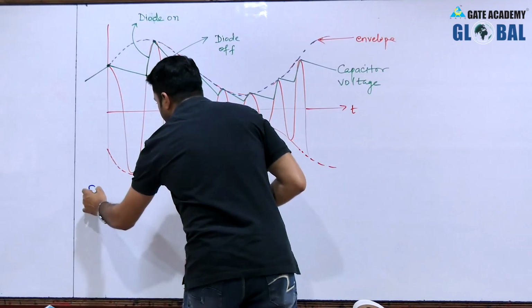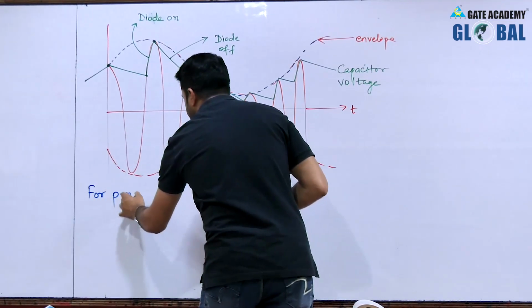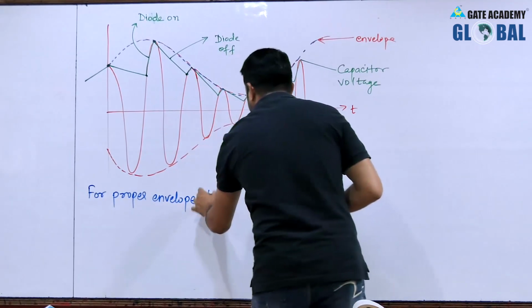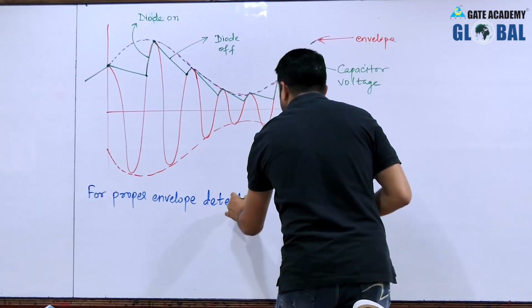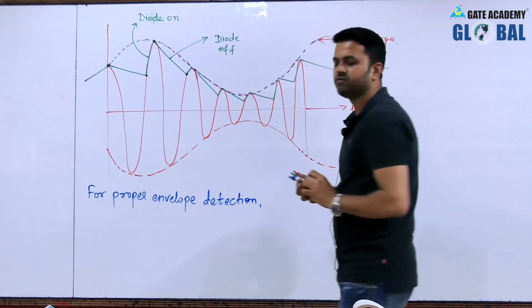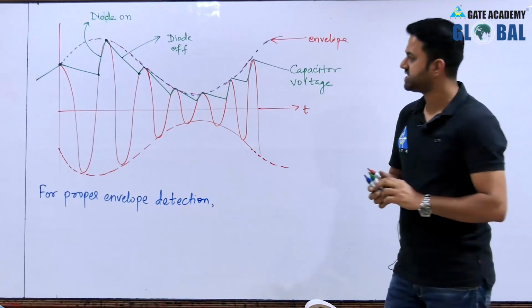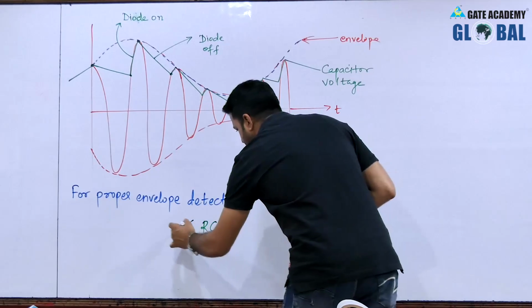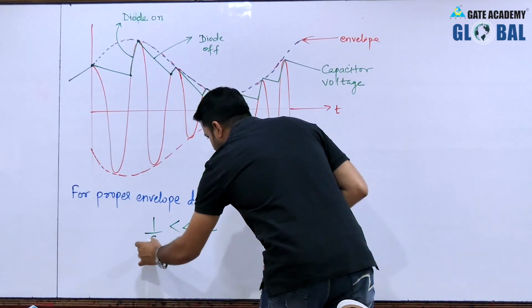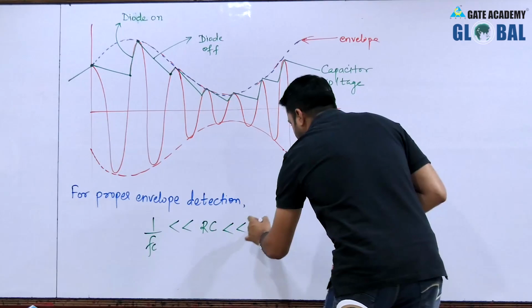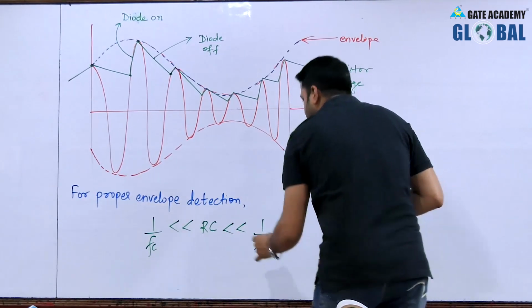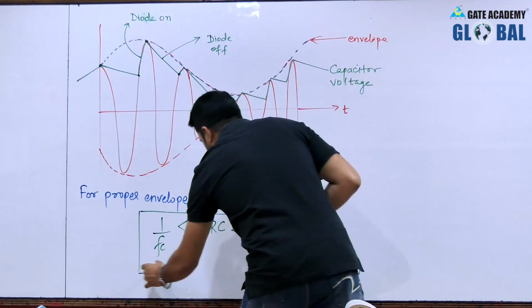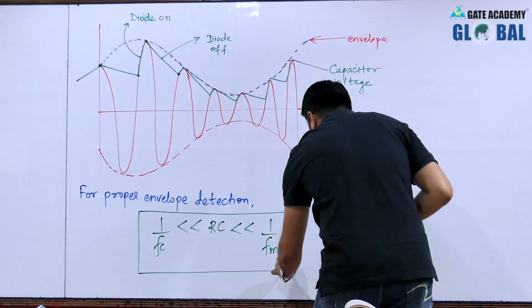So, for proper envelope detection, to follow the envelope, the time constant value should be much greater than 1/Fc and much less than 1/Fm. This is the condition under which the capacitor voltage follows the envelope.